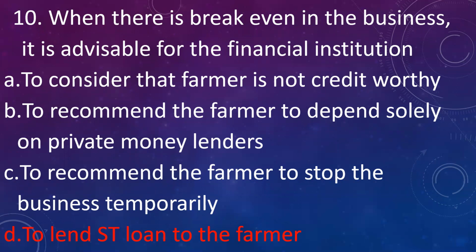Break-even point is a point where total cost will be equal to the total revenue. And by providing short-term loans, the financial institution provides some credit so that farmers can increase their production. That will help to boost the production of the farm. So during break-even point, financial institutes are advised to lend short-term loans to the farmers.